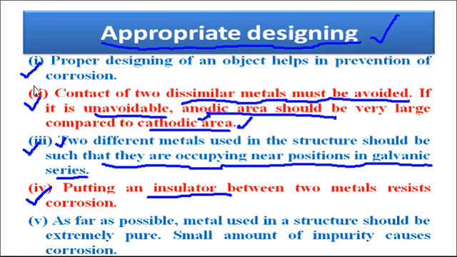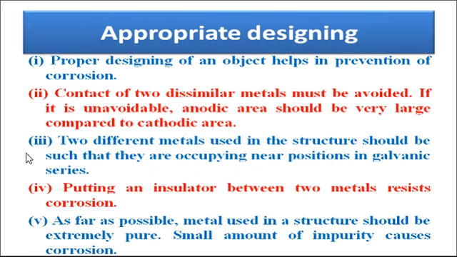So one aspect of the designing is we should choose designing in such a way that a single metal is used. If it is not possible that a single metal completely designs any equipment, then we should choose two different metals in such a way that the anodic metal should be large and the cathodic metal should be smaller. Secondly, the difference between the electrode potential of these two metals should be as small as possible.